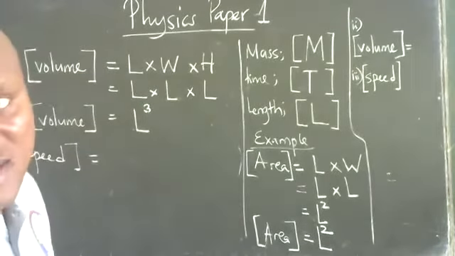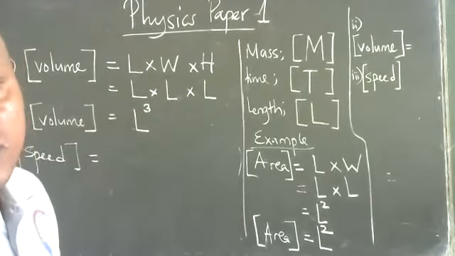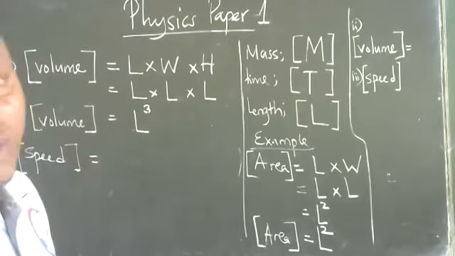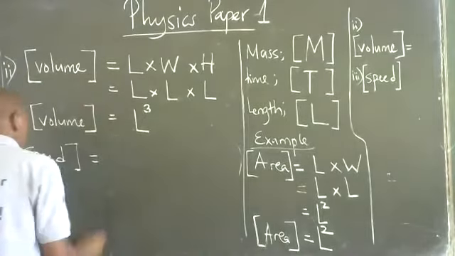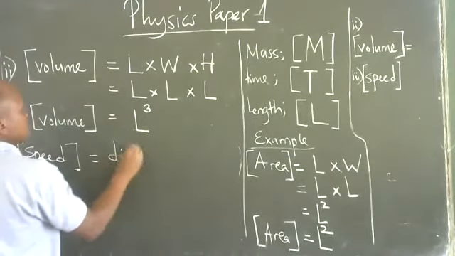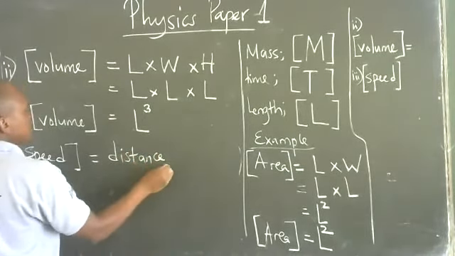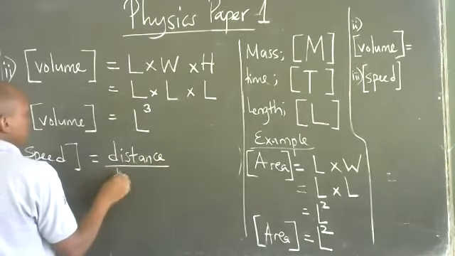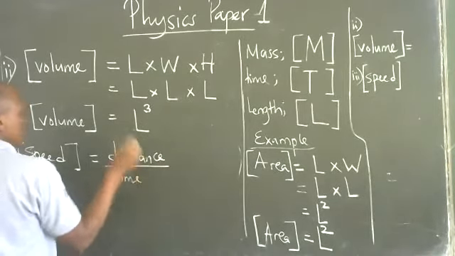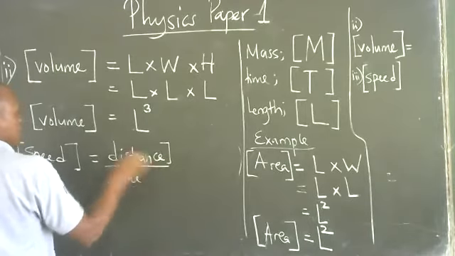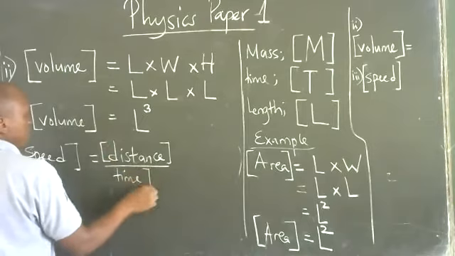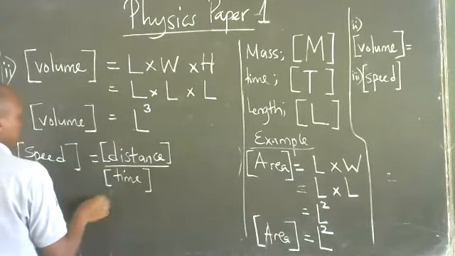Who remembers what speed is? Anthony? Speed is distance traveled over time elapsed, distance divided by time. So for this case, we shall get the dimensions of distance divided by the dimensions of time.